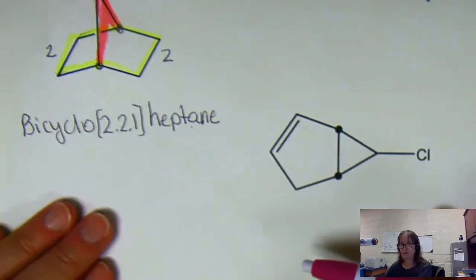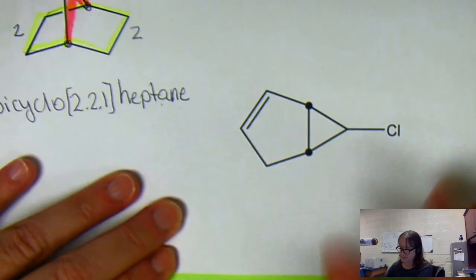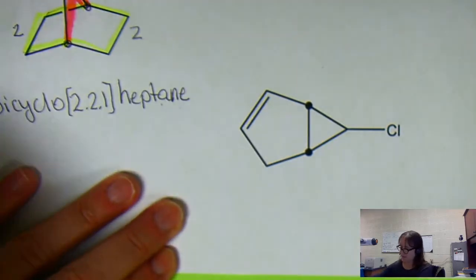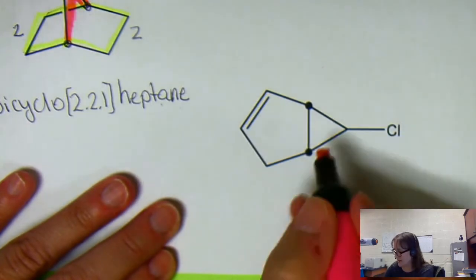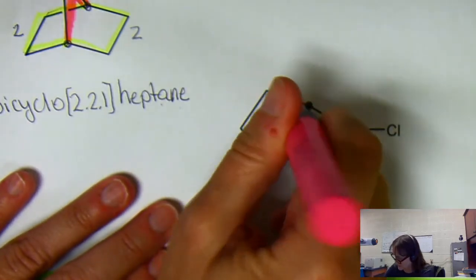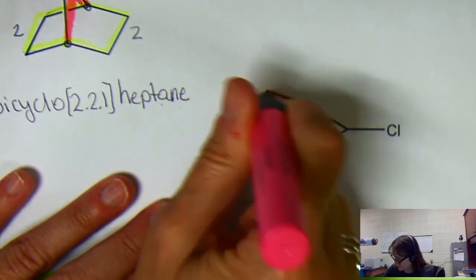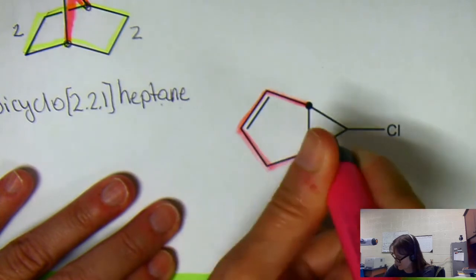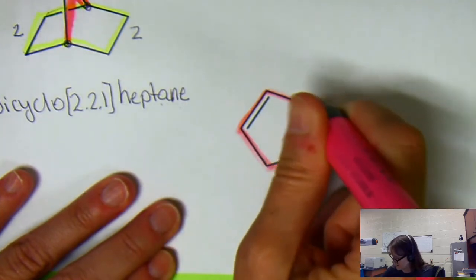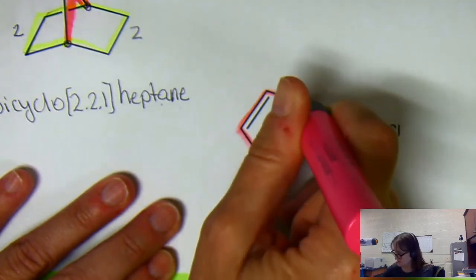So if we look at another one, this is a bicyclo because we have a ring, and if you look, the ring would really be here or here.